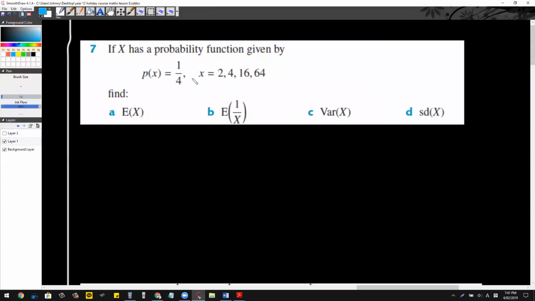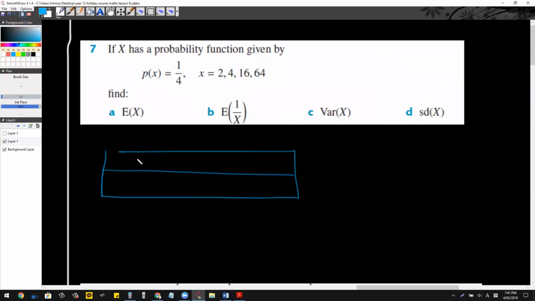If we have such a probability distribution, then we can draw a table like this, and x value could be 2, 2, 4, 4, 16, 64. And probability does not depend on this value. So this is 0.25, 0.25, 0.25, 0.25. So I want you to figure out the expectation value of x, please.